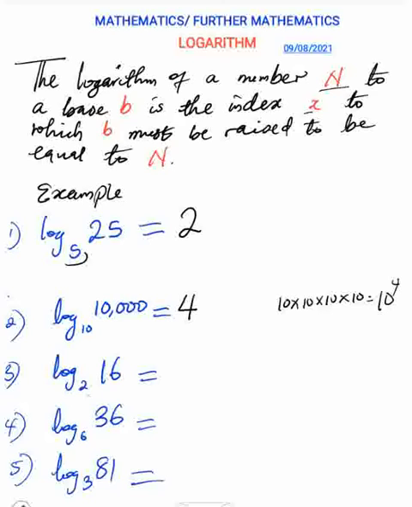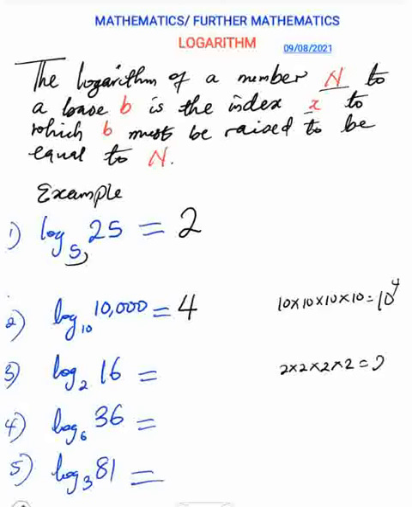Now, we have a logarithm of 16 to base 2 here. Since the base is 2, we talk of what number do we raise 2 to give 16. That is, how many times are we going to multiply 2 by itself to give 16? 2 by 2 is 4, times 2 is going to give us 8, times 2 is going to give us 16.